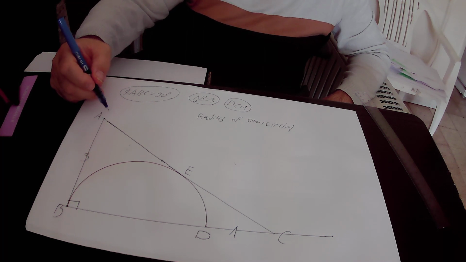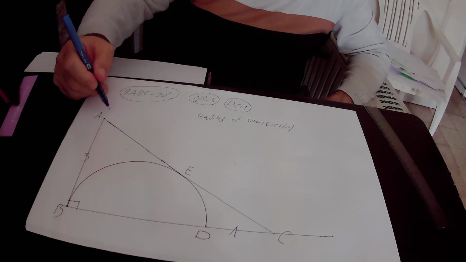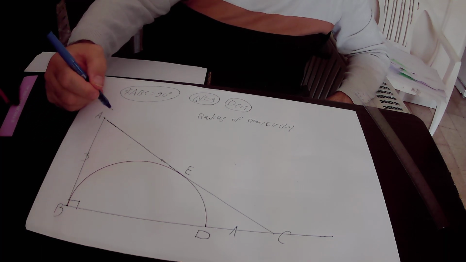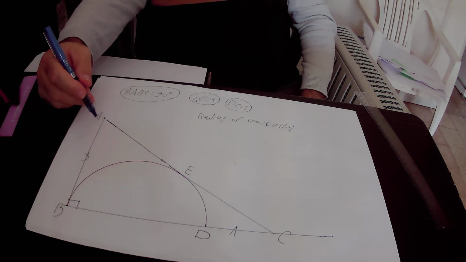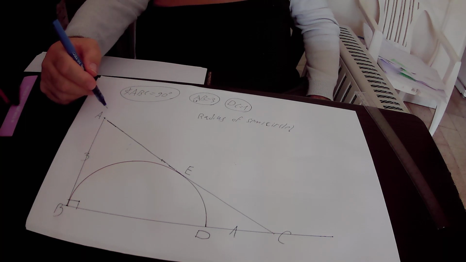Therefore, point A is defined as an external point of this semicircle, and from the external point A, we have two tangents to this semicircle. The first tangent is tangent AB, and we also know that the length of AB is 3 units, and the second tangent is tangent AE.